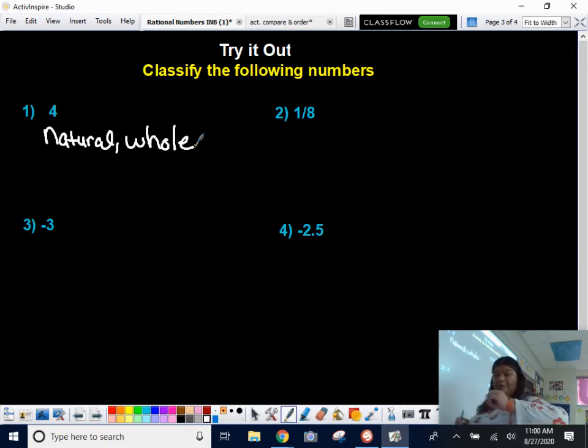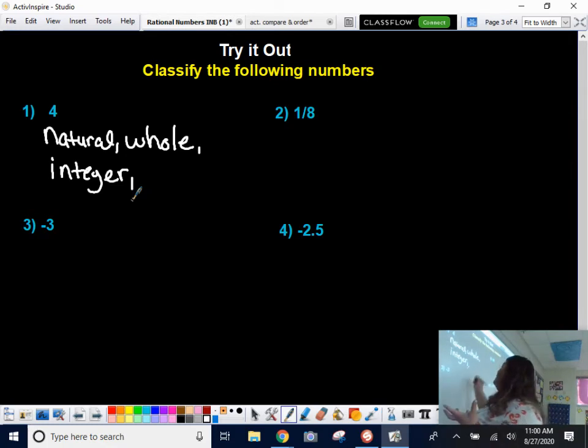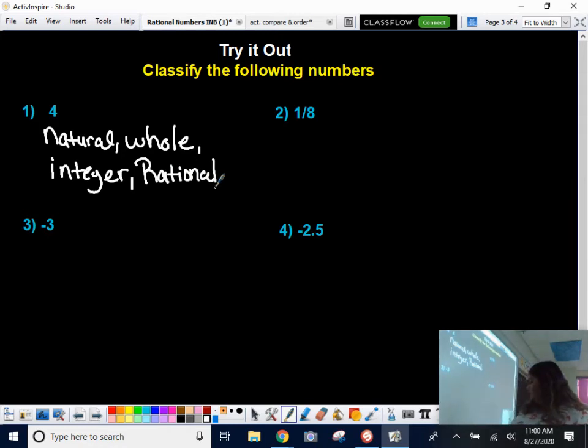And remember, we're going from the small, we're working our way out. So it's also an integer, okay? And can I write 4 as a fraction? Yes, I can. So it's also a rational number, okay? So for number 1, you should have gotten pretty much all of them, okay? It is a natural, a whole, an integer, and a rational number, okay?